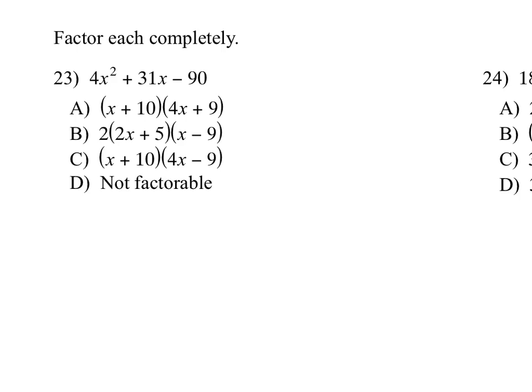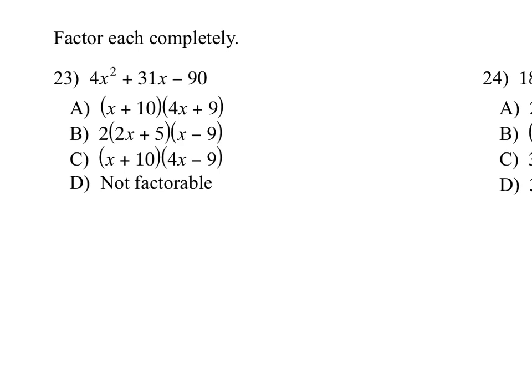Okay. So what is the next thing that we need to look for? Is it quadratic? Yes. Is it a quadratic trinomial? Well, first we need to see, is it special? So let's start there.